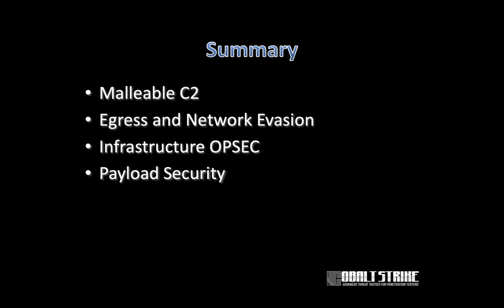We also talked about how to make your team server less visible to folks looking for Cobalt Strike on the internet to package into their threat intelligence feeds. We concluded with a description of the payload security model and features in the Beacon payload.